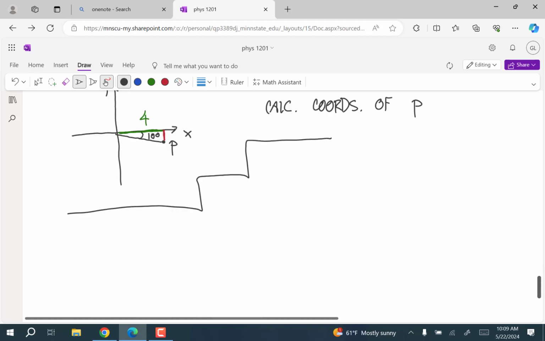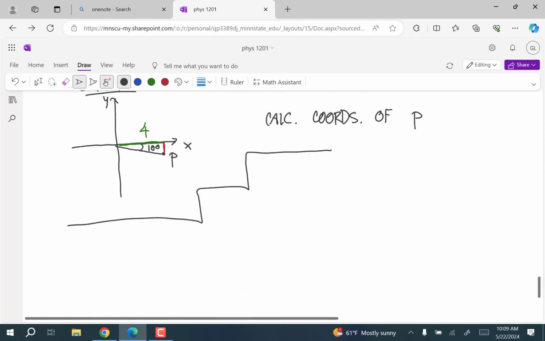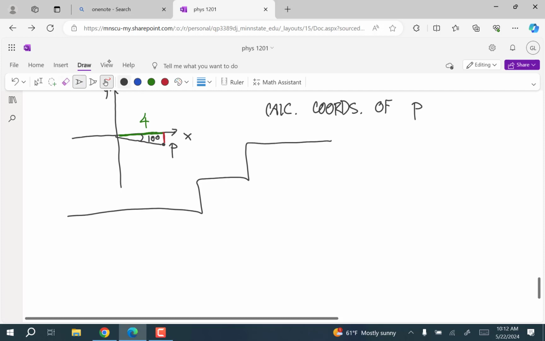Well, the first step is to calculate the length of that red side. So see if you can use SOHCAHTOA to calculate the length of that red side. And pause the video and do that. This time, the most straightforward way to calculate that red length is to use tangent.